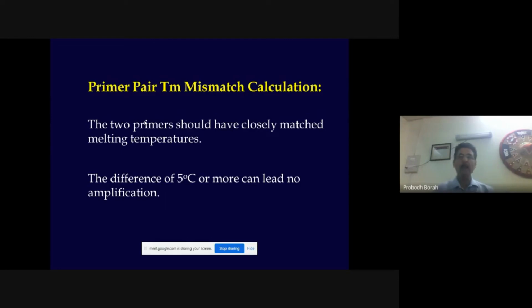So it will be quite away from the annealing temperature. Therefore, there may not be any annealing for the other primer. So a mismatch of TM value between the two primers beyond 3 degrees Celsius is not usually allowed. But sometimes we can go up to 5 degrees variation, not more than 5 degrees Celsius.